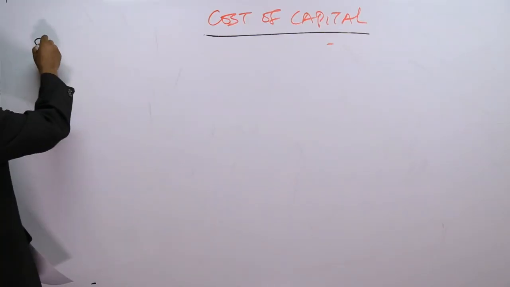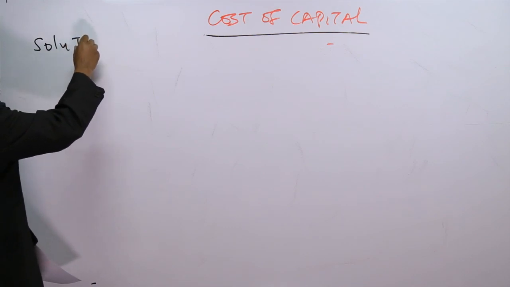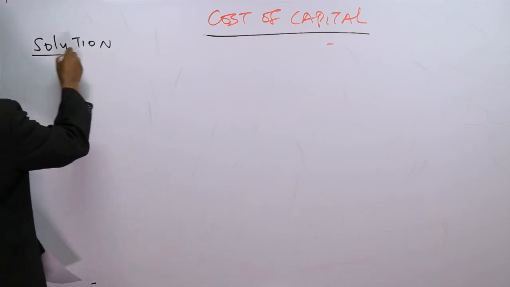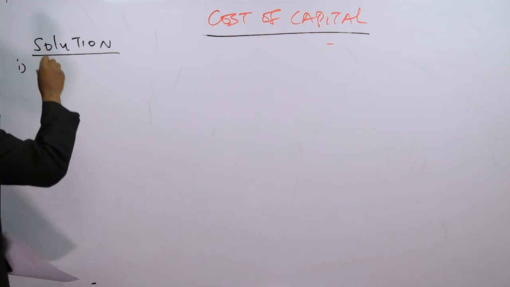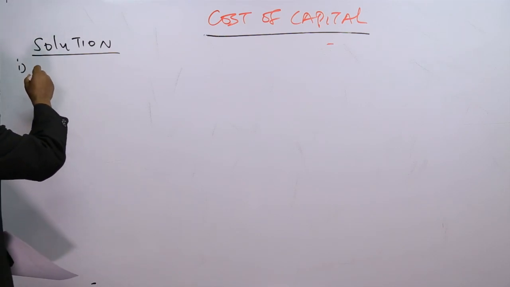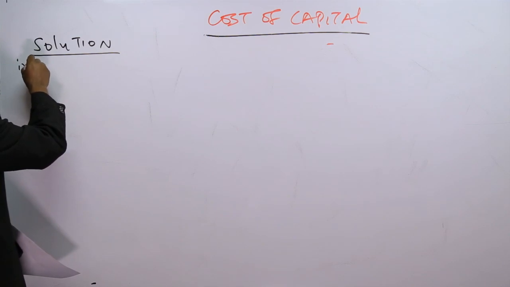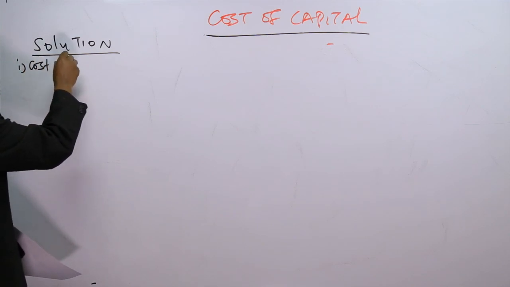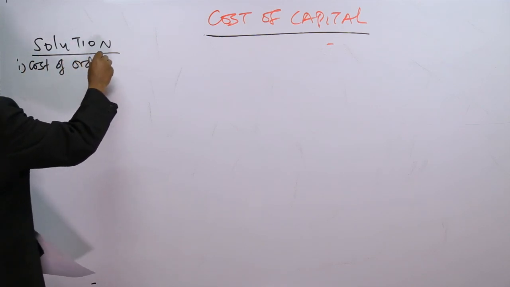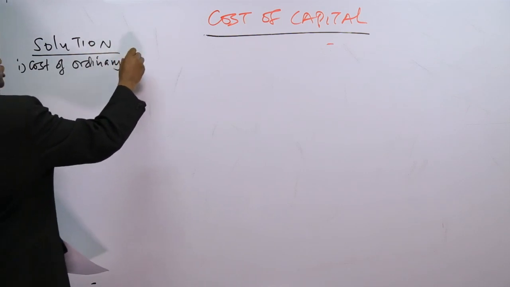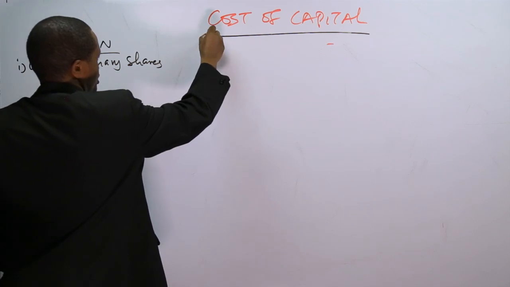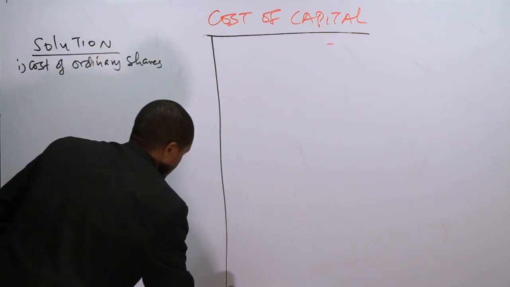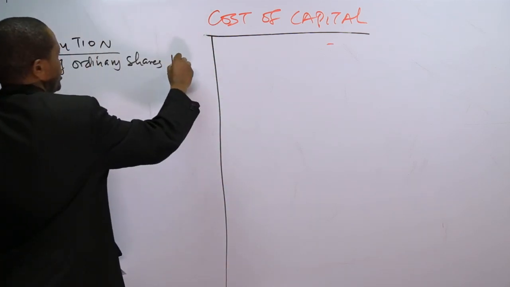Okay? Solution. Part 1 of the question, we are required to calculate the cost of ordinary shares, KE.